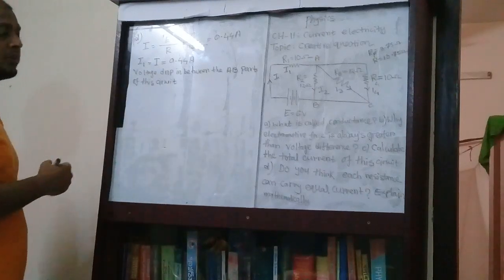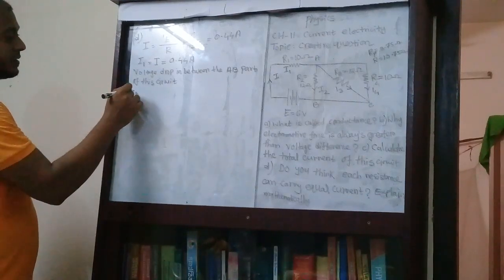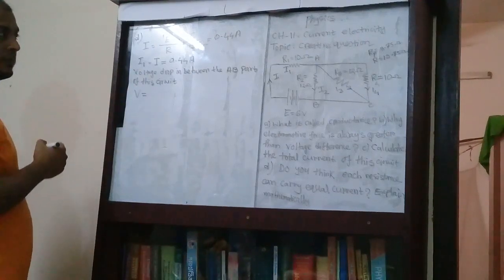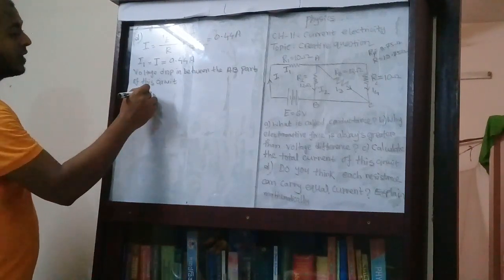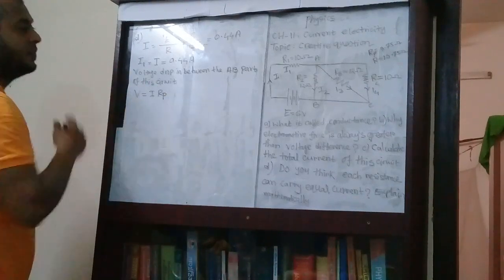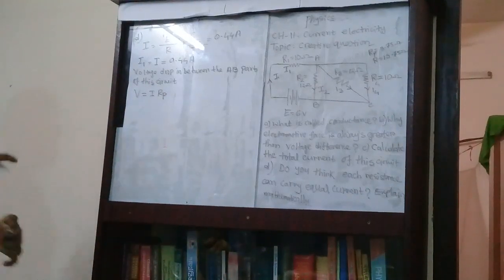In between the AB part of the circuit, V will equal I into the resistance of that part. I repeat, V equals IR. This must be Ohm's law.